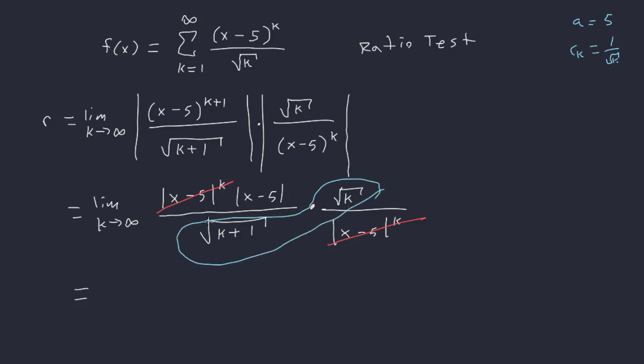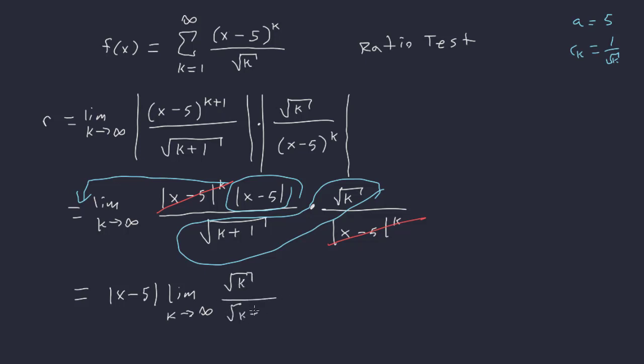The x minus 5 is no longer affected by the k's, and actually it never was, well, actually it was when we were raising it to the k, but this particular one is not, so we can move that outside and get that this will be the absolute value of x minus 5 times the limit as k goes to infinity, and this will be the square root of k all over the square root of k plus 1.